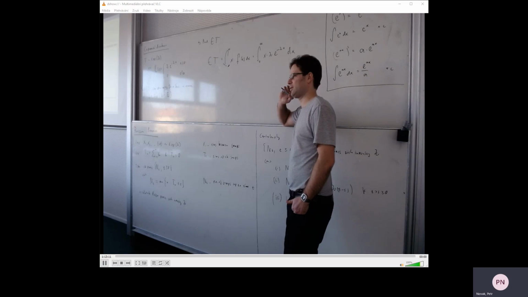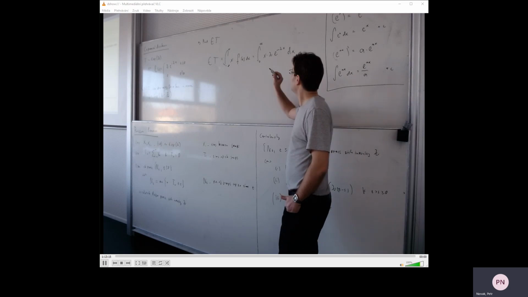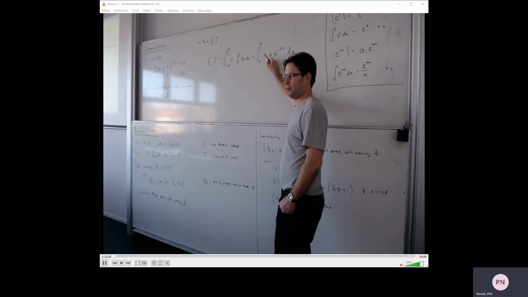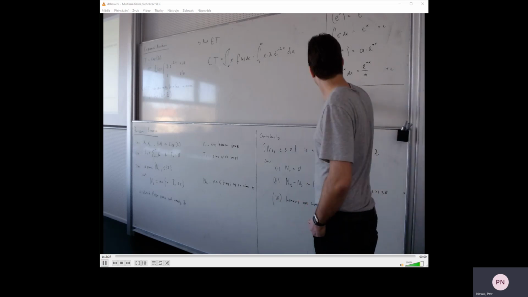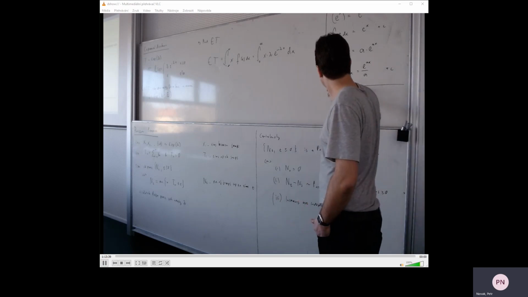Other ideas? If I take the derivative of x, what would I have? 1. Yes. And how can I switch integrating into taking derivatives? Integration by parts, right?